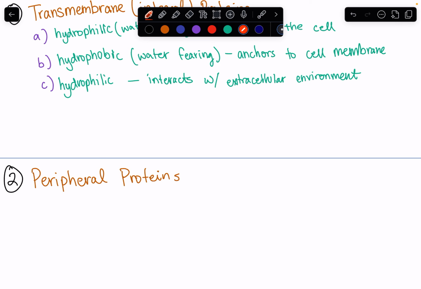So what does that mean? They interact with biological membranes, and they're only going to function within the cytoplasm, right? So this category would include enzymes. So they interact with the cytoplasm, and an example that we could put down is enzymes.